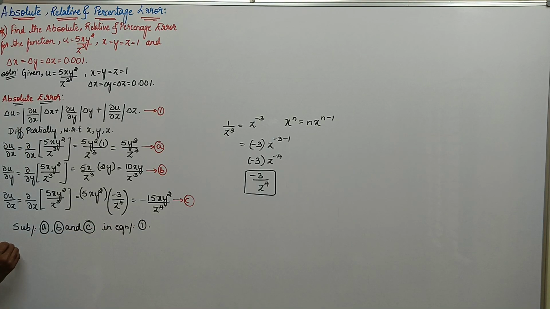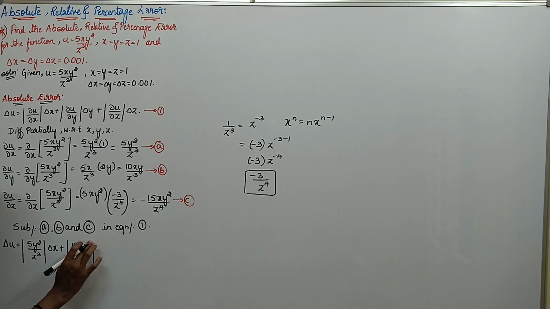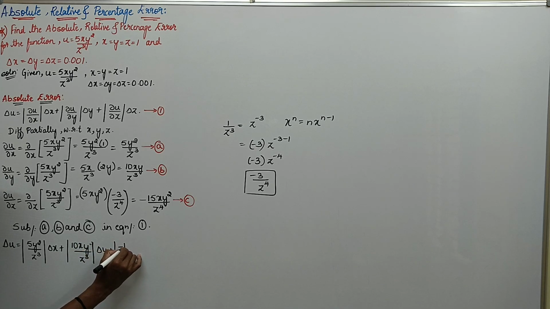If you substitute in equation number 1, del u, which is equal to modulus of what is dou u by dou x, that is 5 y square divided by z cube into del x plus 10xy divided by z cube, this is modulus, del y plus modulus minus 15x y square divided by z to the power of 4 into del z. Got the point?